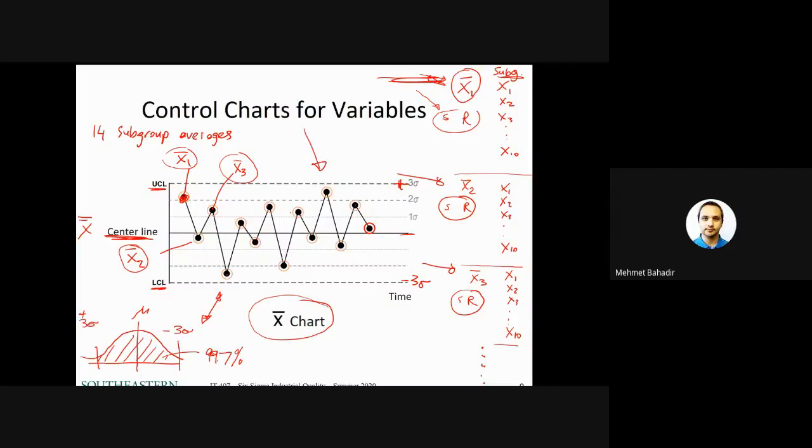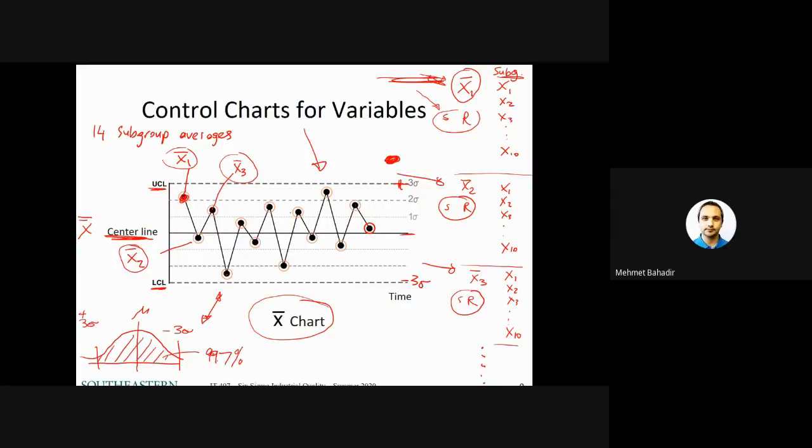So again, what is the significance of calculating those plus and minus 3 sigma values? Again, let's remember 99.7% of all your data points should be between these 3 sigma plus and minus values. What happens if you find a subgroup average somewhere here outside the limits?